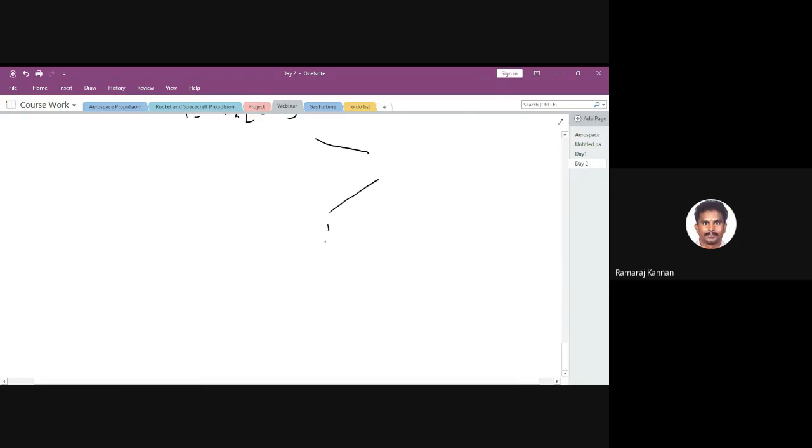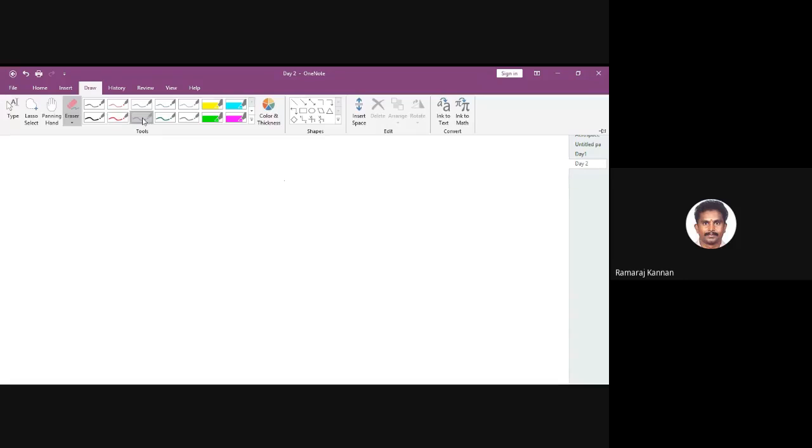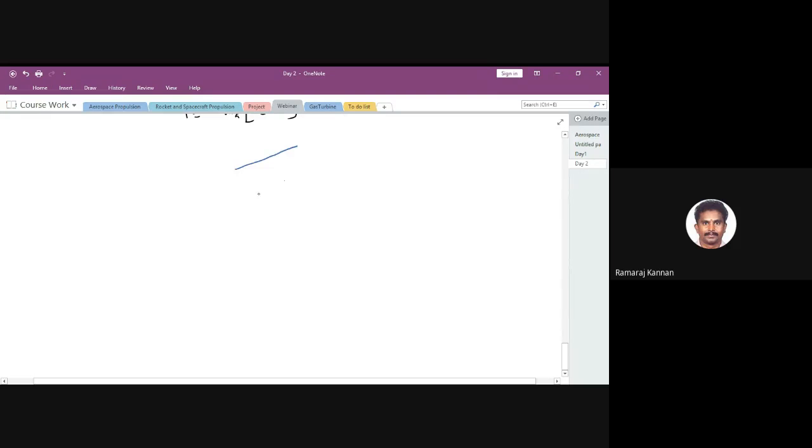So this is going to be your A and this is going to be 1. This is your intake. What is it doing? Sorry, this is a nozzle. Sorry. It's going to be your intake.